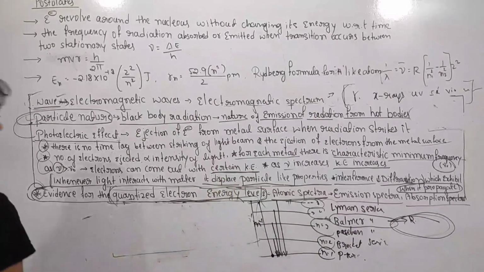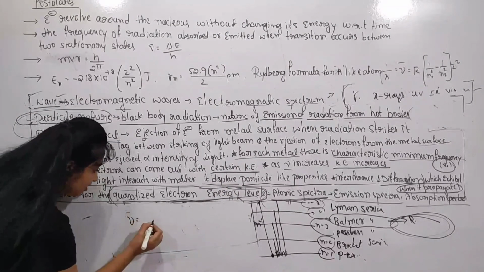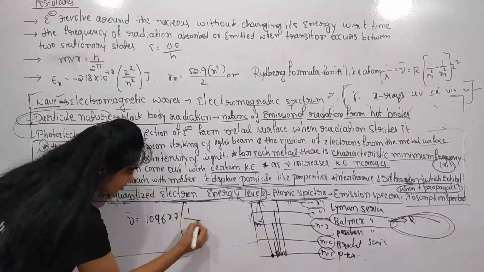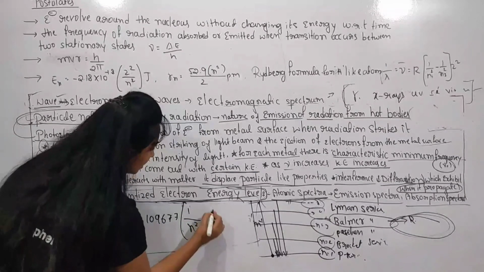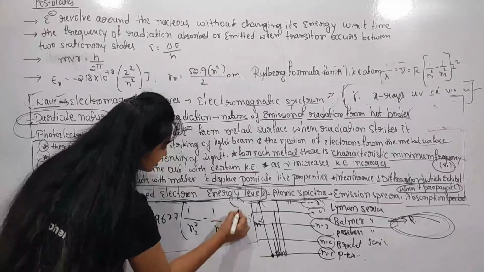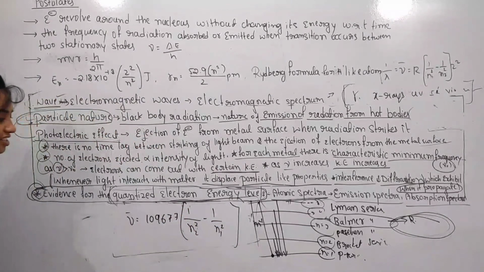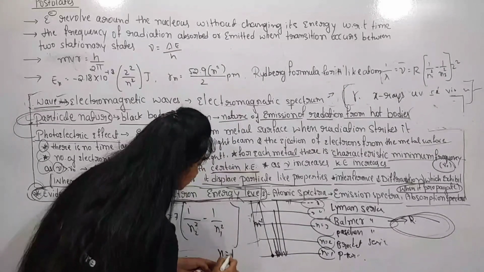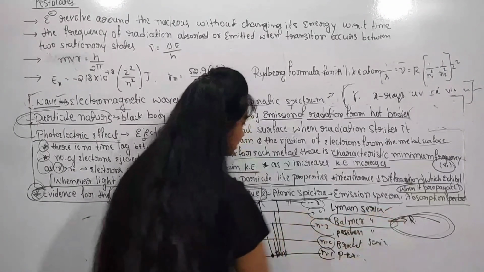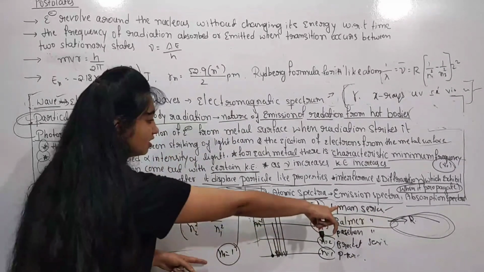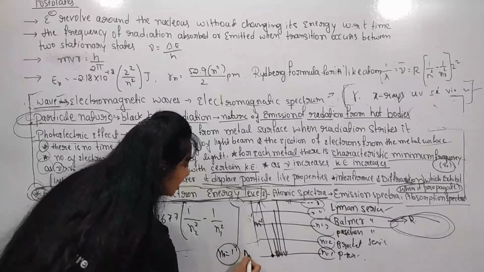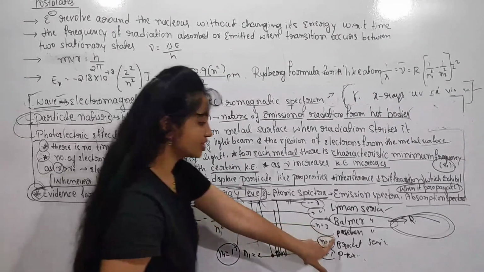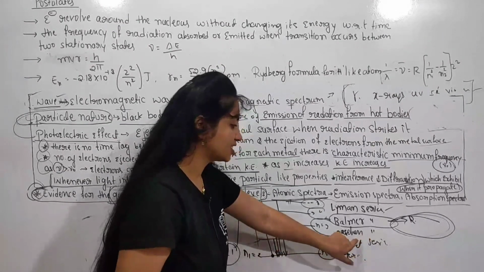These series of lines are expressed in terms of wave number, that is 109677 into (1 by n1 squared minus 1 by n2 squared). This is the lower level and this is the higher level. See here, n1 equals 1 for the Lyman series, n1 equals 2 for the Balmer series, and n1 equals 3 for the Paschen series.